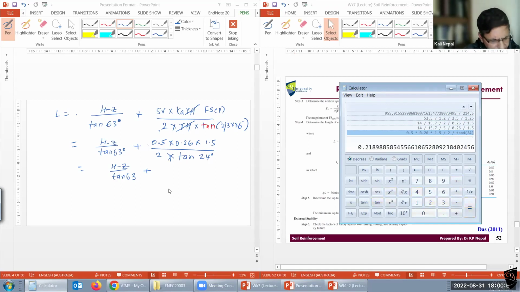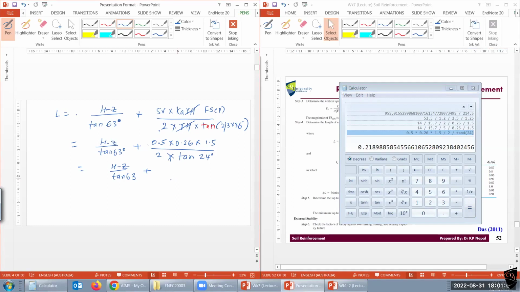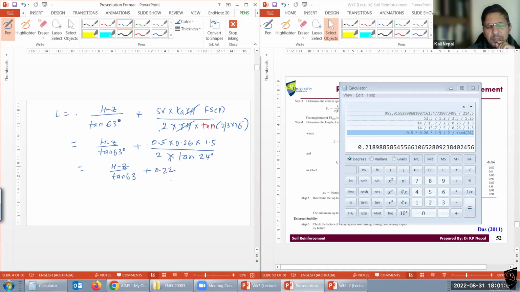Oh, that's very small, the other side, yeah? How much is that? 0.22. So when Z equals 0, we get the highest value, isn't it, right? Can I just check that? So Z equals 0 at the top.